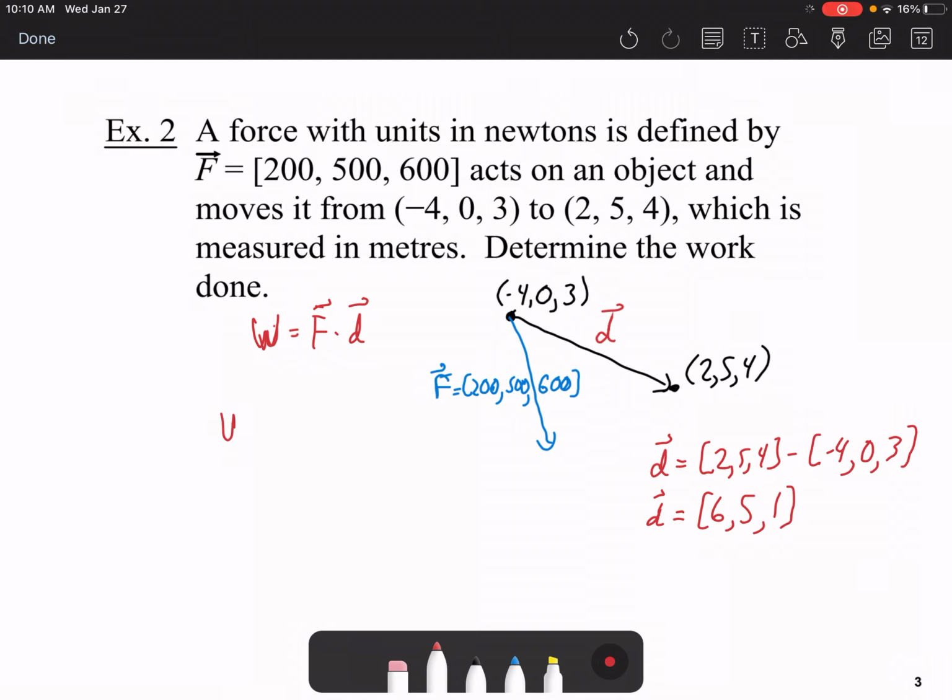So now I can work out my work. So now I'm taking vector 6, 5, 1, and I'm dotting with 200, 500, and 600.